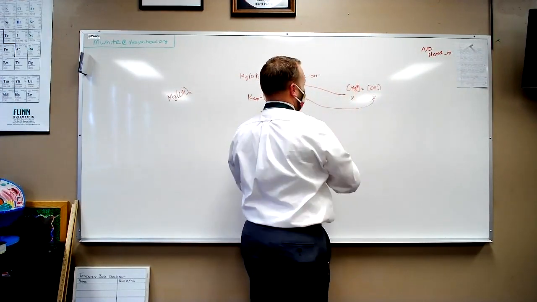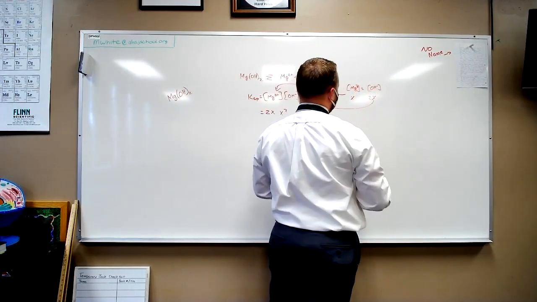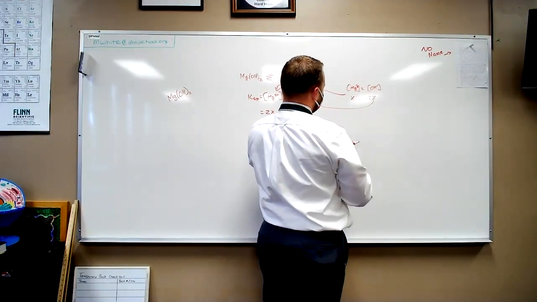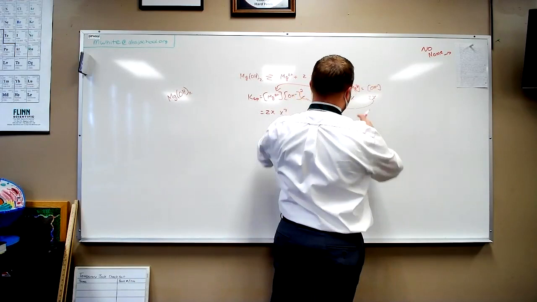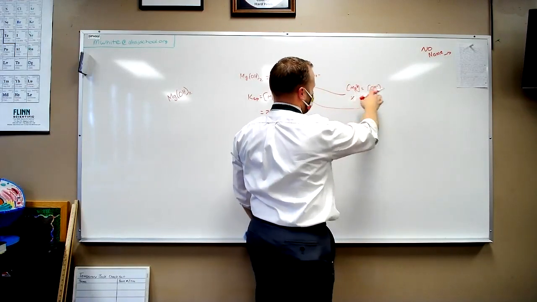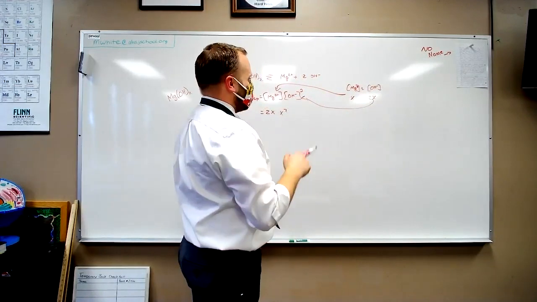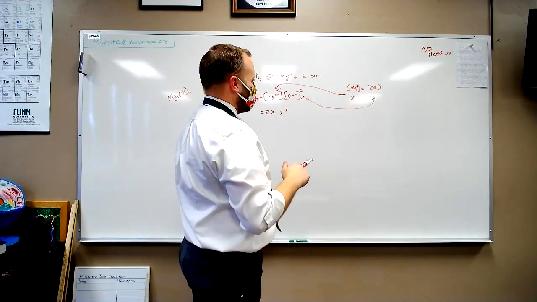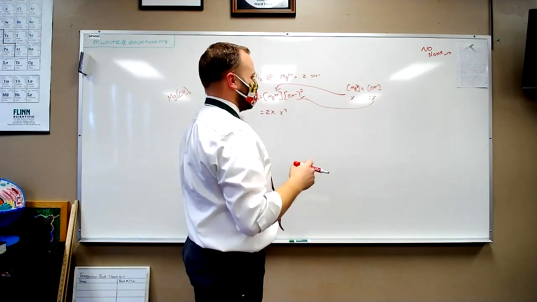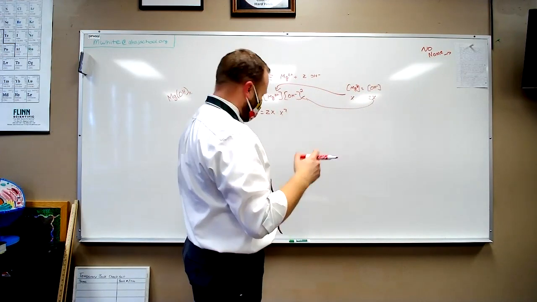We have x there. We're going to put 2x here. There we go. That looks better, because whatever this concentration is, that's twice what that concentration is. That's what I wanted to do originally, but then I second guessed myself.